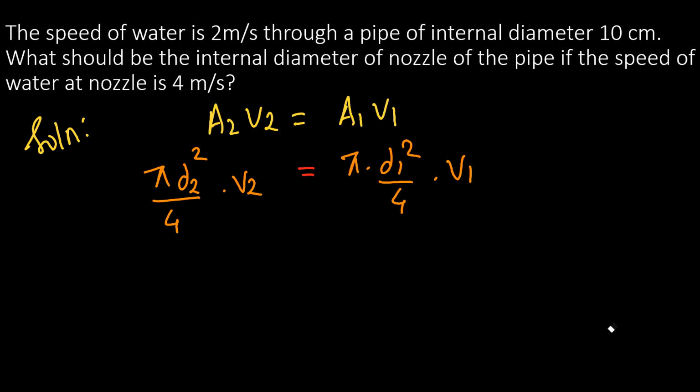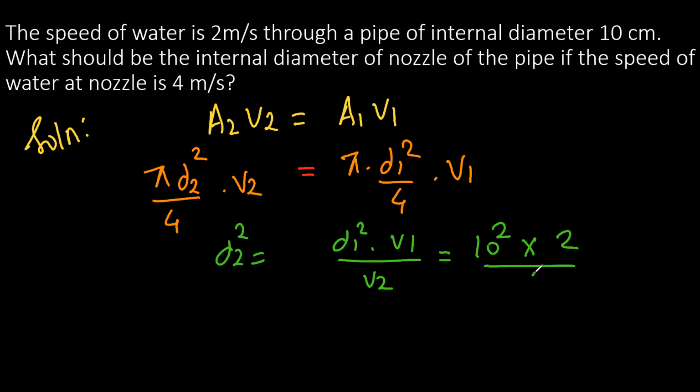So what is the remainder? We have to find d2 now. So what is d2 square? It's d1 square into v1 by v2. So let's put the values. d1 is 10, squared. v1 is 2 and v2 is 4.